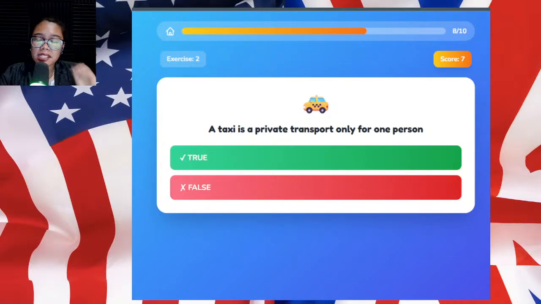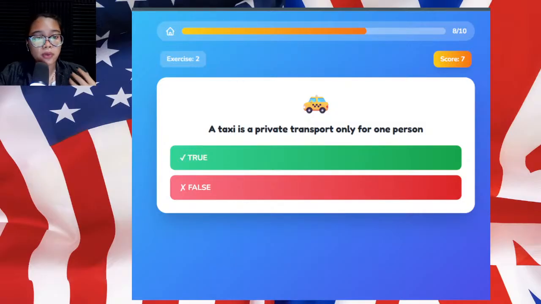Because a taxi, which is often called a cab, is a car that you hire to take you exactly where you want to go. Unlike buses or trains that follow a set path, taxis provide convenient point to point rides. This means a taxi will pick you up at your front door and drop you off exactly at the entrance of your destination.